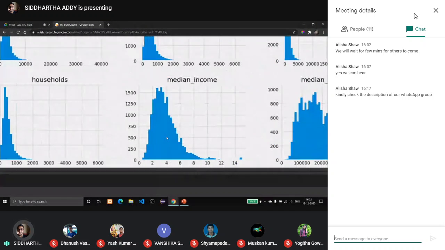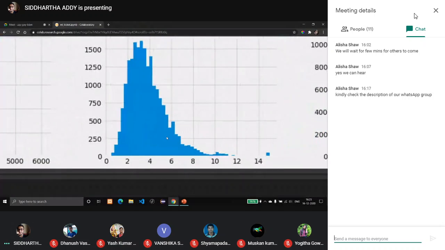If you can see, the x-axis is 0, 2, 4, 6, 10, 12, and 14. Now think about it. Machine learning projects are mostly about common sense. So what does 2 mean? Does 2 mean $2? $200? $2,000?